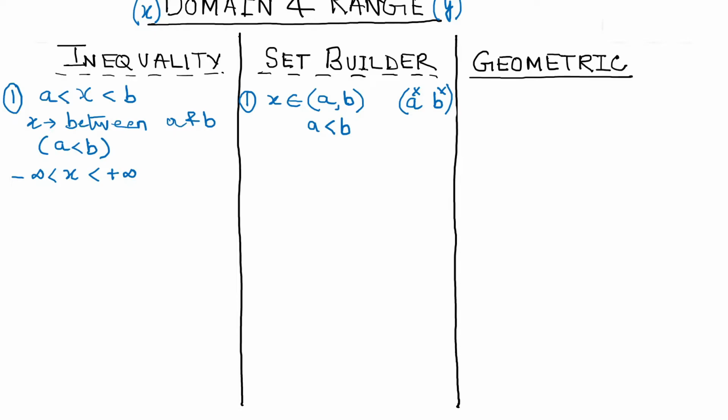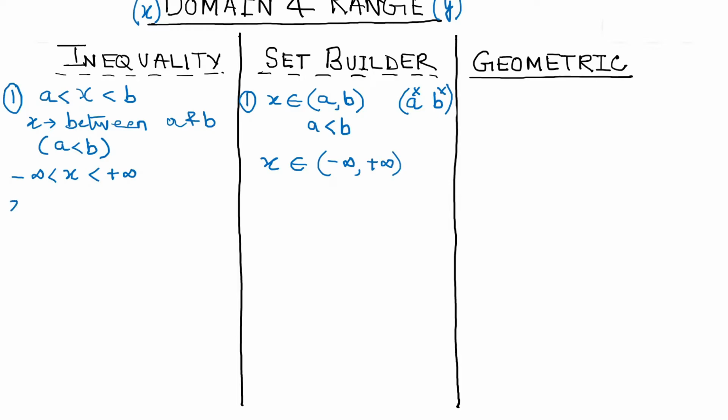So minus infinity symbolizes the smallest possible number in that given set, and it is never inclusive because minus infinity cannot be measured. And the same thing for plus infinity. Plus infinity refers here to a very big number. So whenever you are representing infinity, by default it will take curved brackets, because infinity cannot be measured.